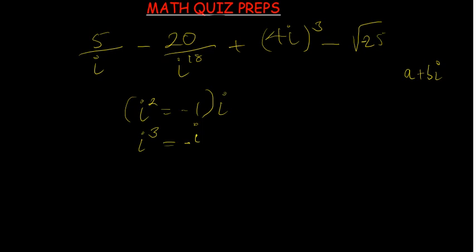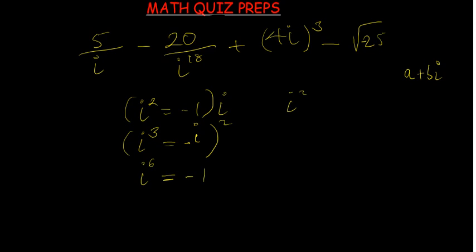Yes. And then at this stage, let's square this. So I to the power 3 squared will give us I to the power 6, right? And that will be equal to negative I squared. That will give us I squared. But we know that I squared is equal to negative 1.